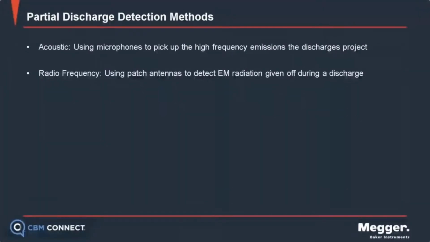Another is radio frequency, where we take an antenna that you hold in your hand, and then you can sweep the surfaces of the insulation system to determine where partial discharge might be occurring. The acoustic and radio frequency methods are really good for isolating locality, right? We want to know where partial discharge is occurring specifically in a system. Those methods might be better suited for location tracking kind of detection.